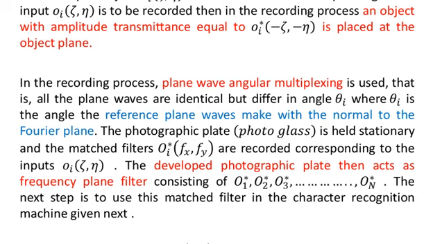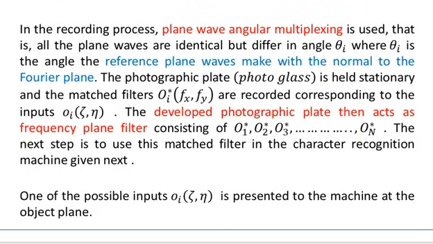The next step, that is, we have recorded all these matched filters on the single photographic plate. The next step is to use this matched filter in the character recognition machine given next. One of the possible inputs OI, which is located at the zeta and eta plane, is presented to the machine at the object plane. So you see that now we have recorded the matched filters of all these capital OIs on a single glass plate, up to capital ON star.